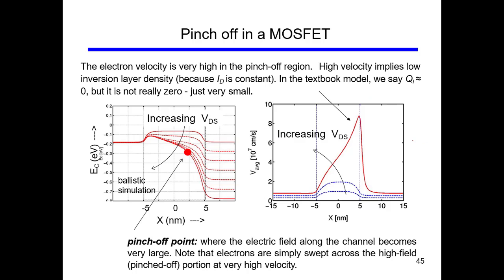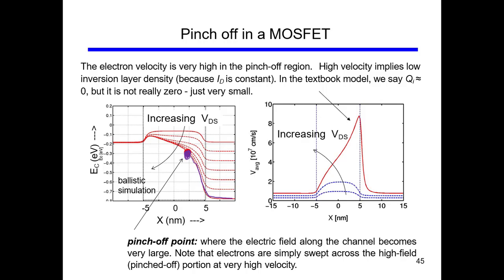So again, this is about pinch off. This is the pinch off point. Beyond the pinch off point, you see that the curve is very steep, which means if electrons come to this point, they will move very fast.